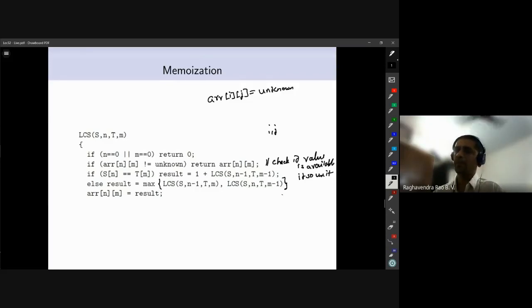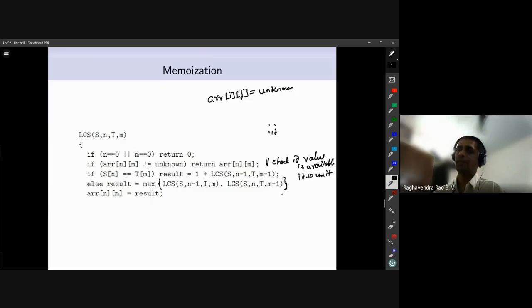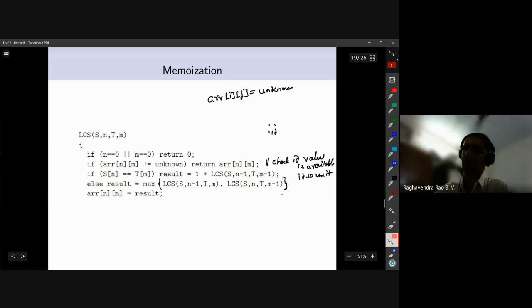See, the moment you make recursive calls, I believe you have done operating systems, right? Yes. And programming languages, so how they are implemented. There is a context, right? In any programming language implementation, you will have to store the context of the procedure which makes a call.